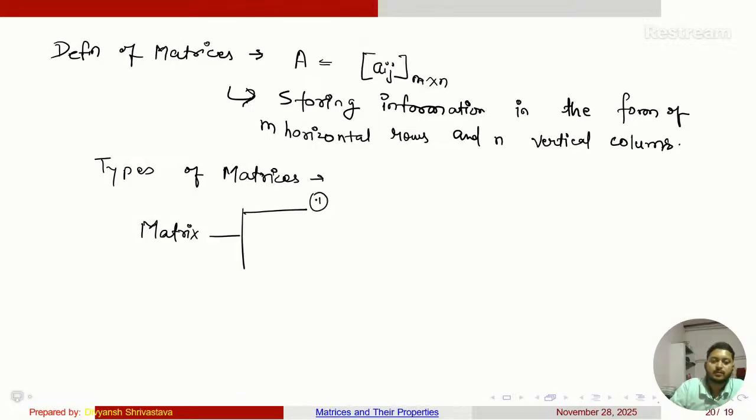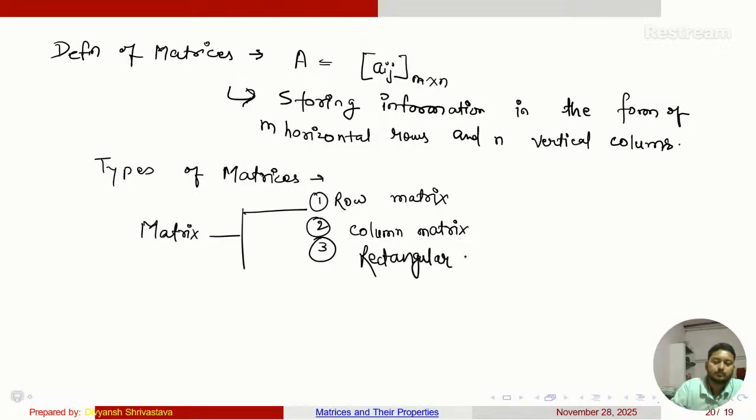First is the row matrix. Second is the column matrix. Third is the rectangular matrix. Fourth is the square matrix. Fifth is the triangular matrix.